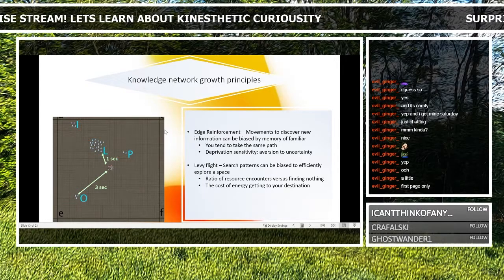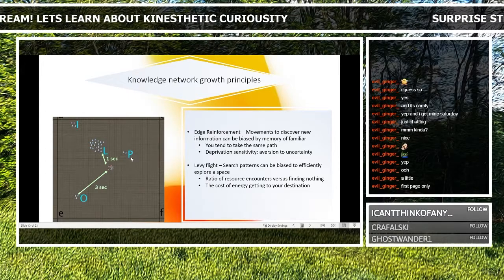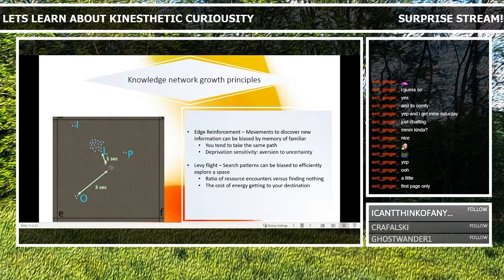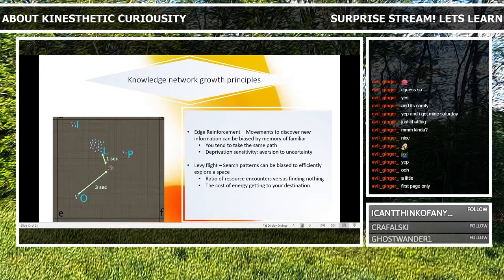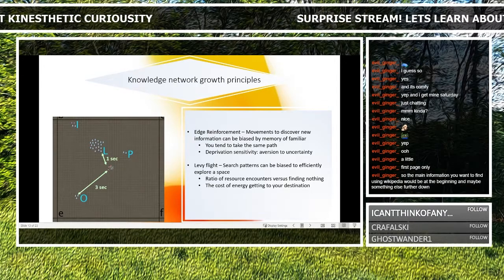The next is the cost of energy getting to your destination. It's really easy to understand this in this kind of map because it takes no time at all to get to something close by, but if you're going somewhere further, it takes longer. If you think of energy as mental energy, for example, I look up Photoshop stuff.